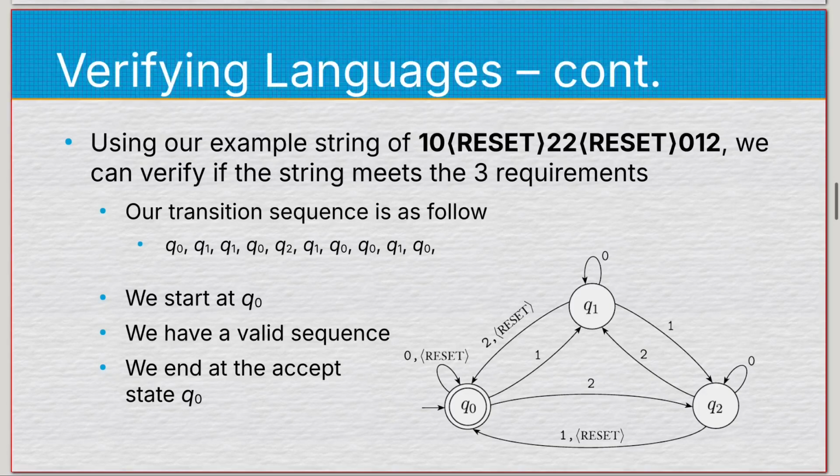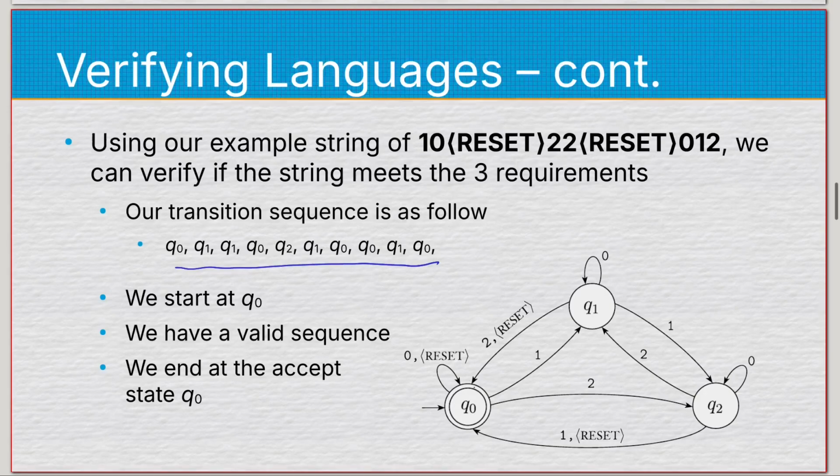So, if we look at it, we also need to see, do we have all 3 things? Their string is 1, 0 reset, 2, 2 reset, 0, 1, 2. Verify that it meets all 3 requirements, because we can look at the actual transition sequence, which would be this cacophony right here. It's a lot of inputs, but those are all legal and valid transitions.